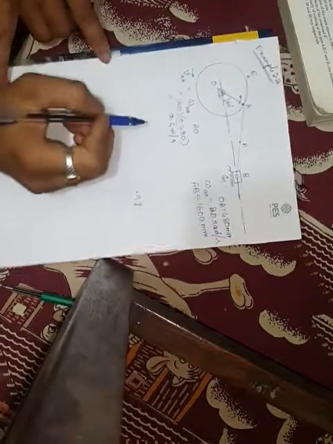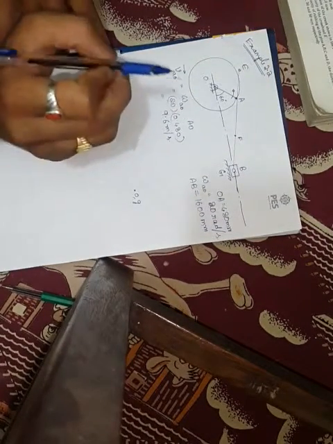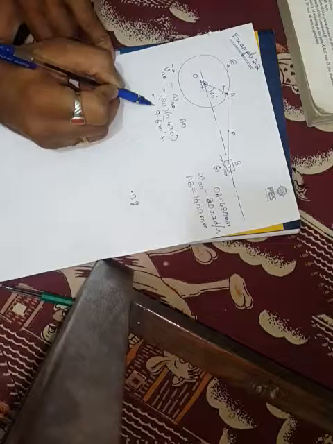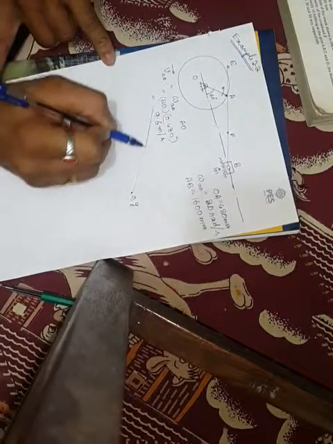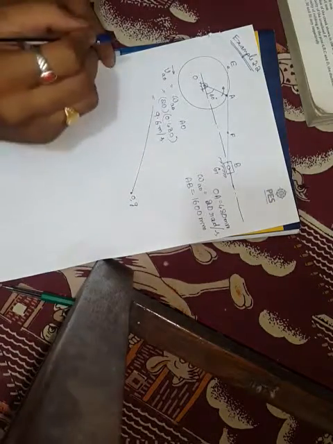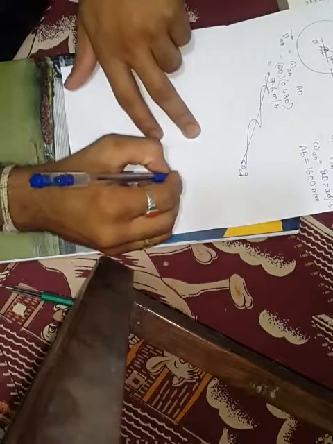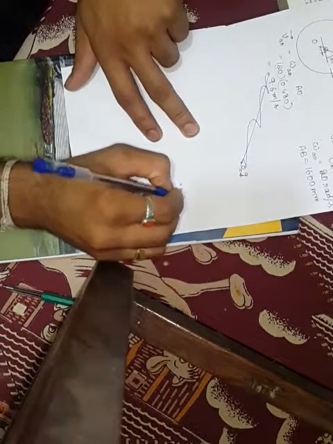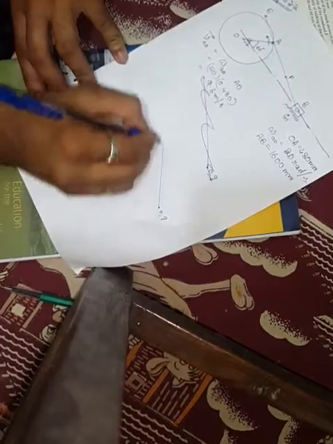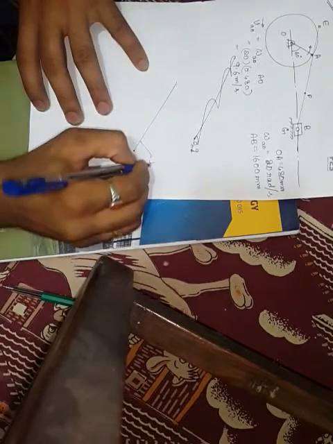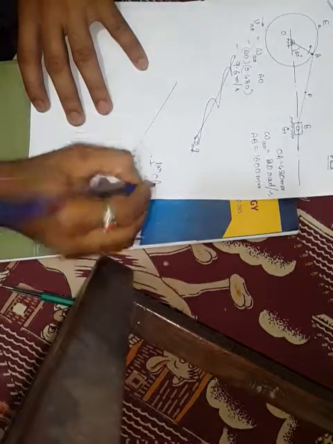Now we take a line and draw a perpendicular to the line OA. Let me take this a bit down. I have drawn a line, and this line is perpendicular to OA. Let me write this: perpendicular to OA.